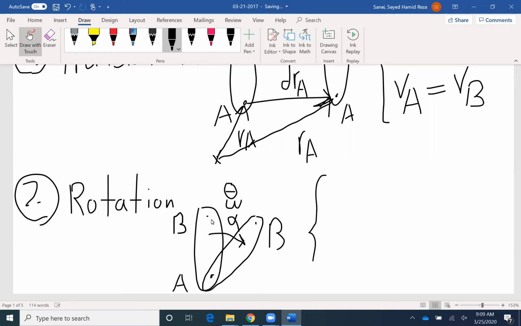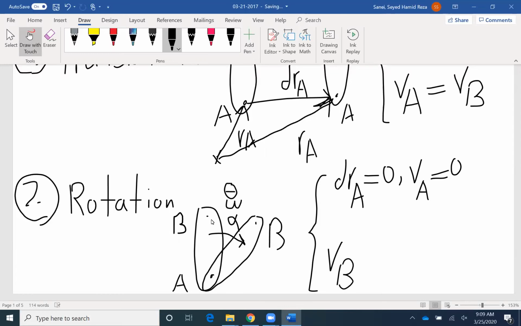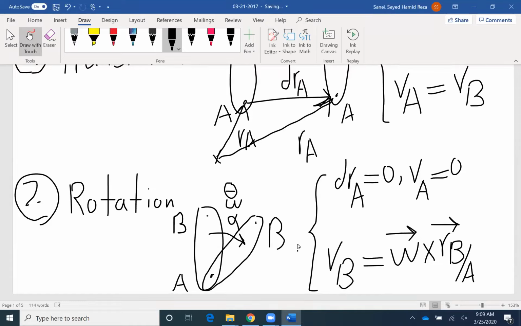In this case, there is no displacement for A, therefore no velocity for A. We have dRB and therefore velocity B. You can find the velocity of B by knowing the angular velocity, so omega, cross the radius RBA. And that's how we find rotation.